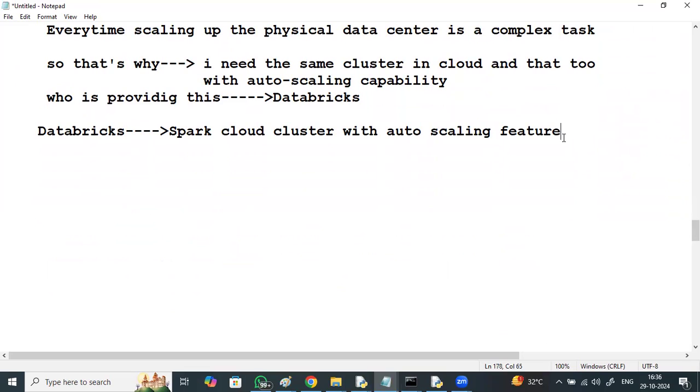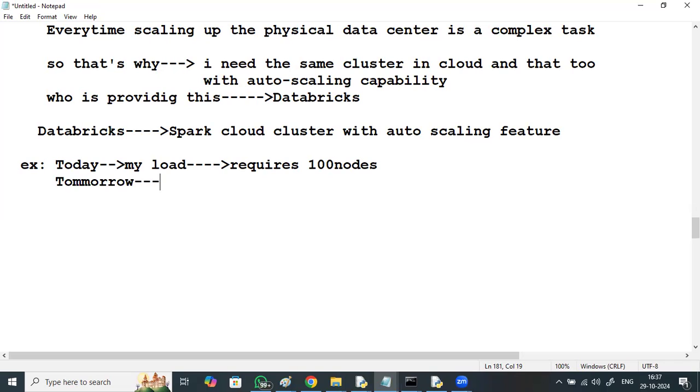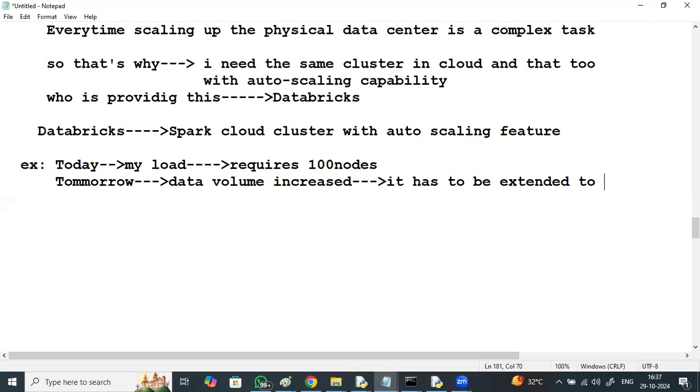For example, today my load requires 100 nodes.